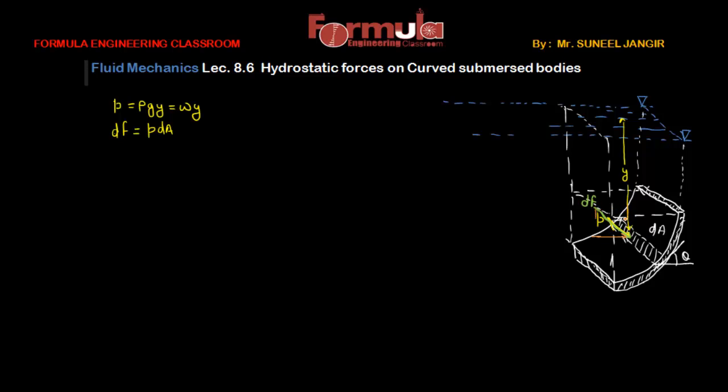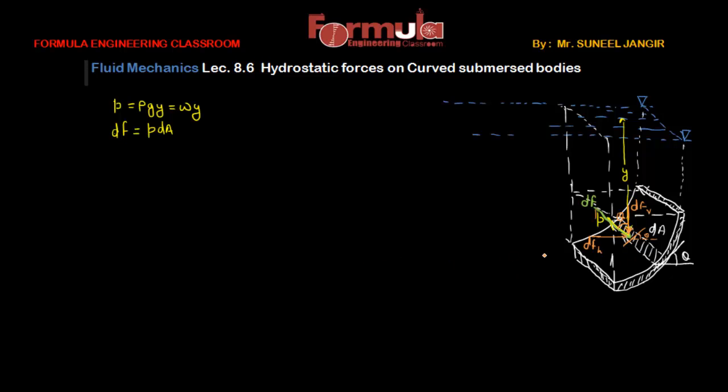Let's call them dFh, where h indicates horizontal, and dFv, the vertical component. The tangent over here is making an angle theta. If this is theta, this is 90 minus theta, so this will be theta here.